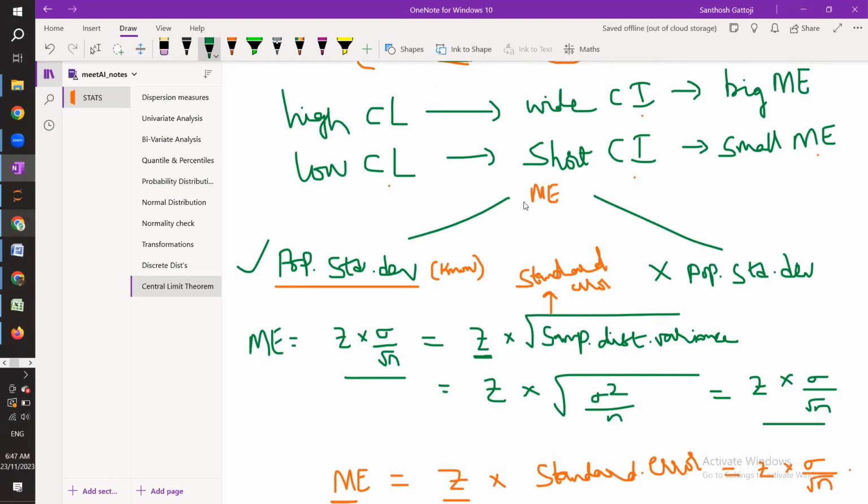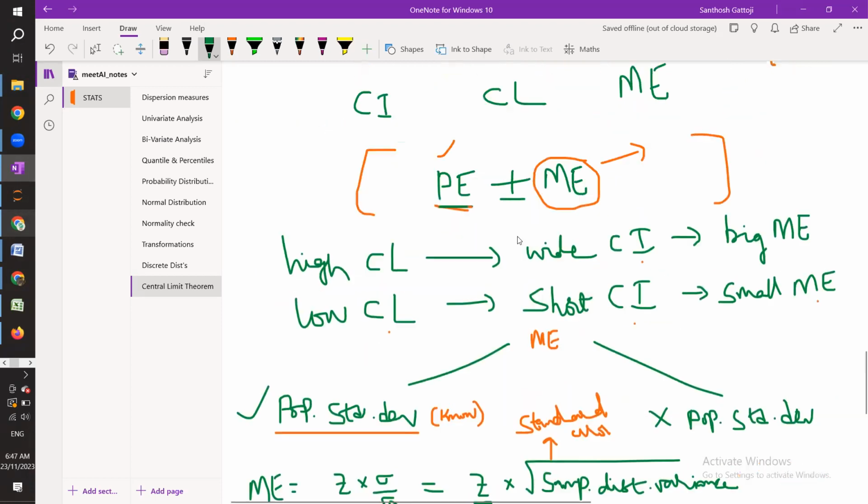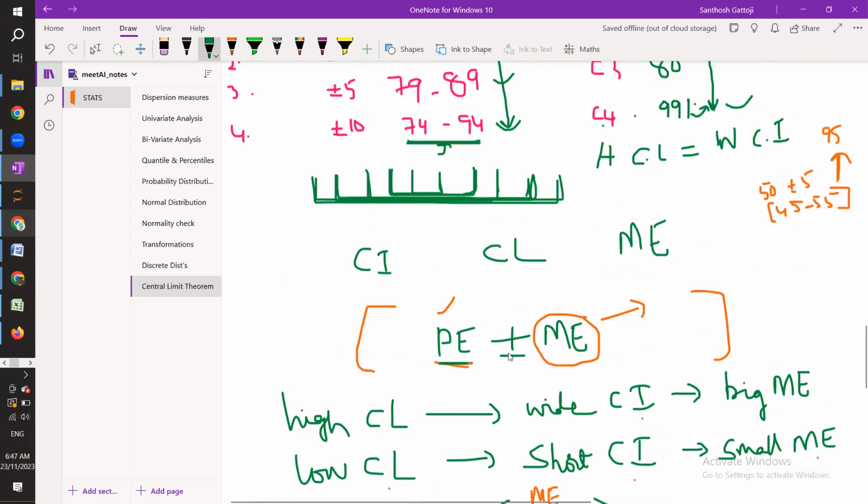If you know the margin of error, you will add and subtract it from the point estimate, and that will create the confidence interval.